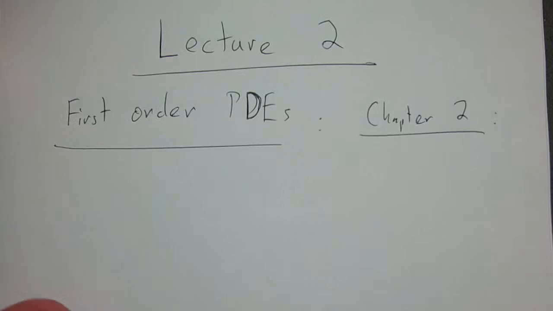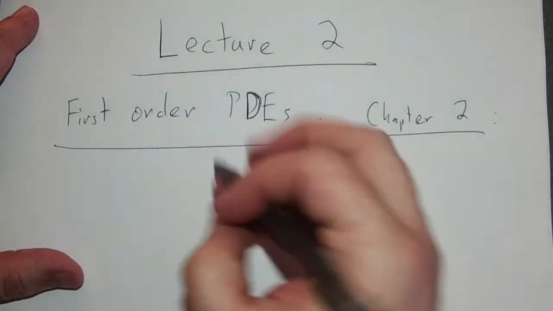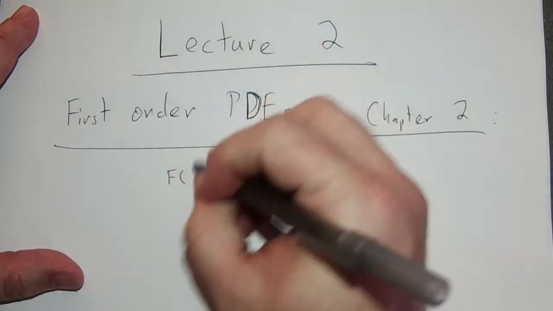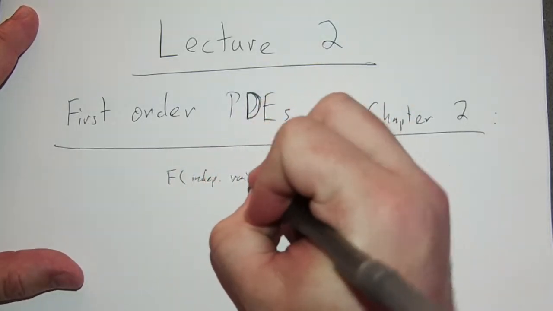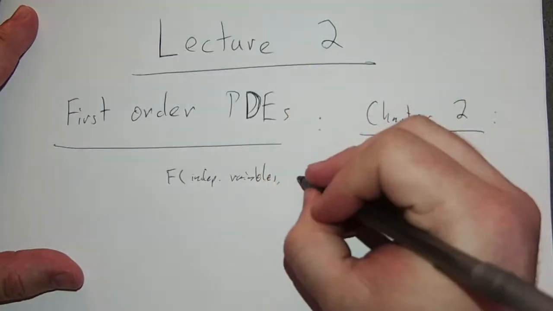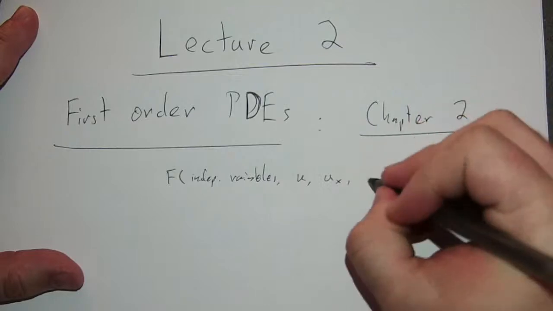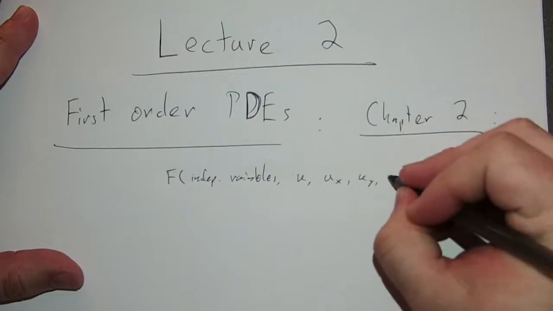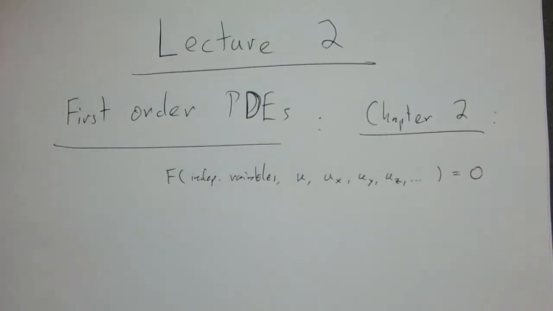And naturally, since a first order PDE involves, what does it involve, right? It involves some independent variables, the unknown function u itself, and then first order partials of the thing, right? That's what it involves.